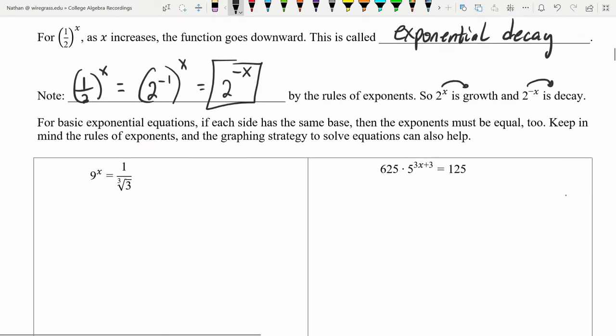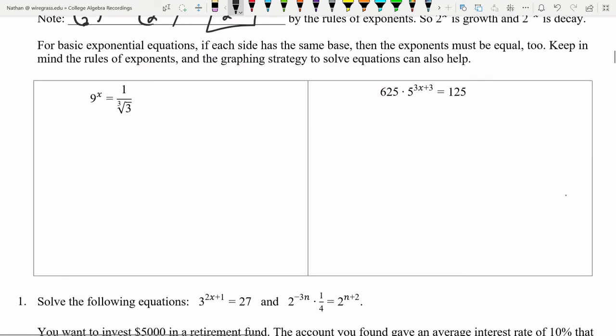Now, for basic exponential functions, all we really need is to have the same base on both sides of the equation. If the base is the same on both sides, then the powers have to be the same. Okay, let's look at this one here. Now, when I look at this, I can see that I can make a base of 3 on both sides, because I know 9 is the same thing as 3 squared.